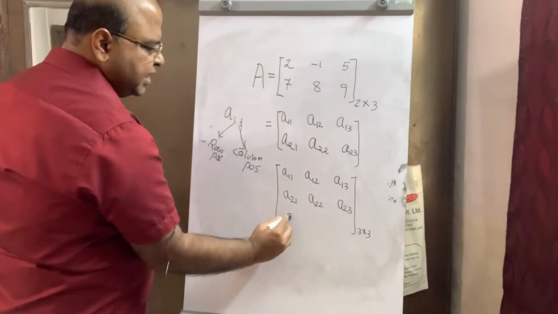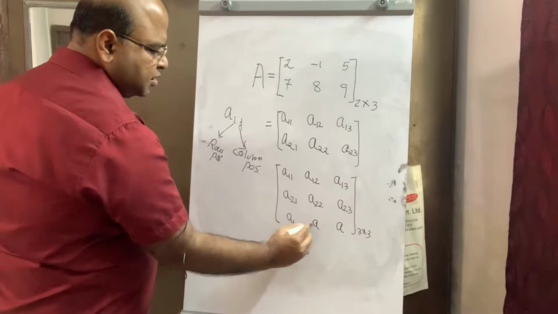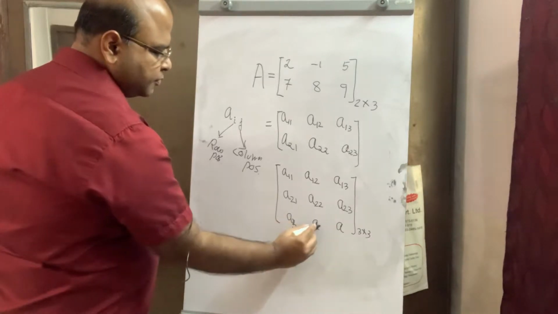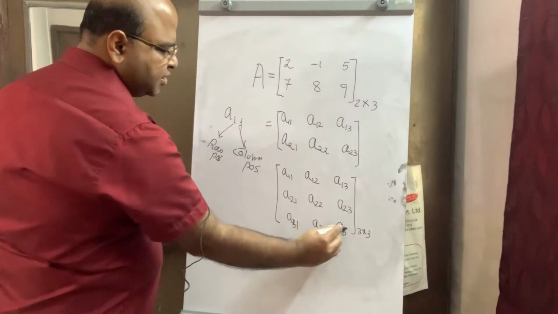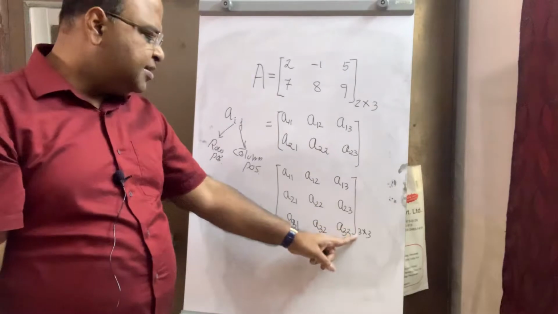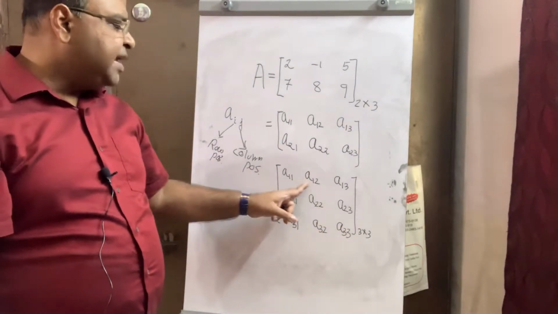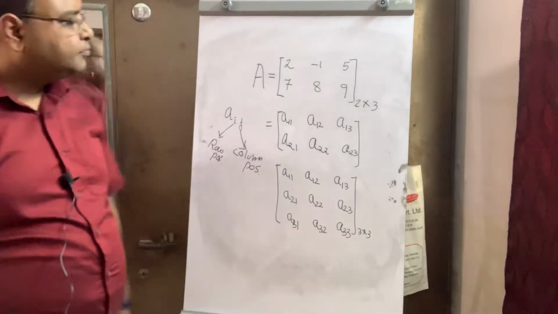And similarly for the elements in the third row, their row suffix is 3 and the column suffixes vary as 1, 2 and 3. So this is the representation of a third order matrix, that is a 3 by 3 matrix, by assigning a coordinate position to each and every element.